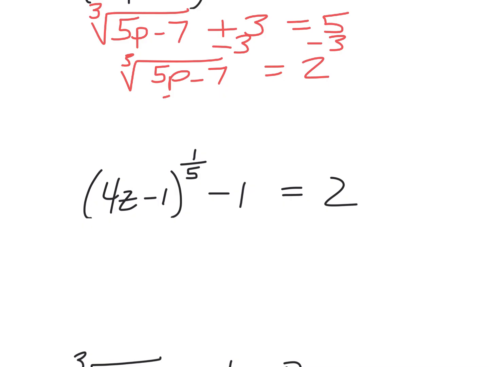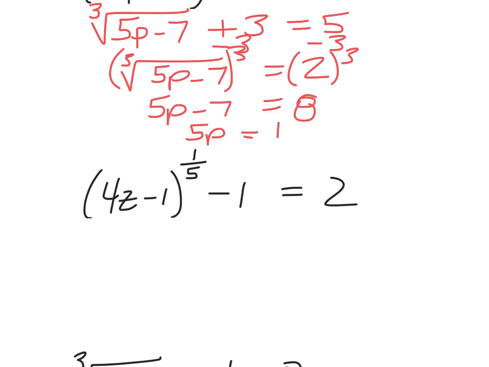I cube both sides, because cubing that will undo the radical. 2 cubed is 8. And then I'm going to add 7, divide by 5, and you're going to get p to be 3. Check it. 5 times 3 is 15 minus 7 is 8. Cube root of 8 is 2. 2 plus 3 is 5, so it does check.